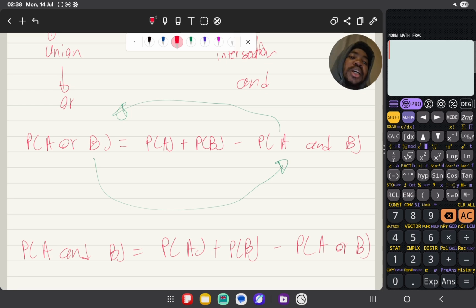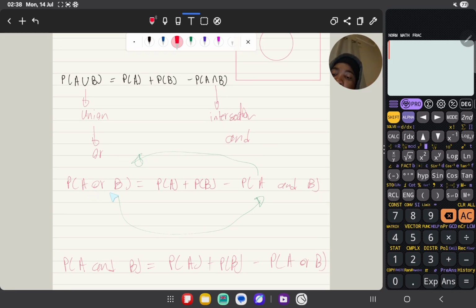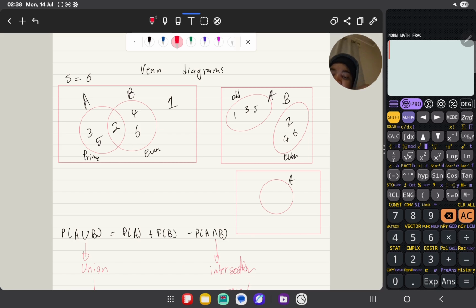So know this thing, you're going to use it a lot. When you go to grade 10, grade 11 and 12 as well, this is a formula we're going to use a lot. And so now I want us to go back to the Venn diagram and look at what an "or" means and what an "and" means. So let me remove these.